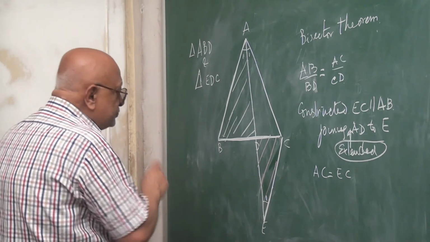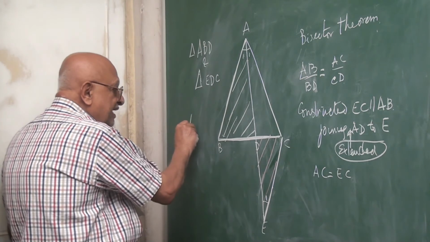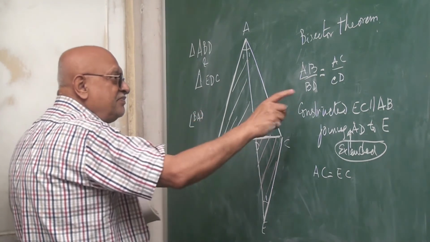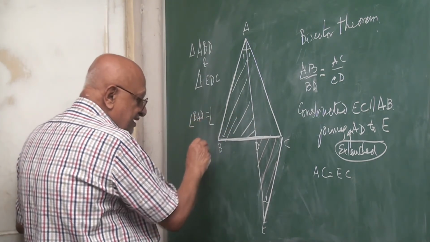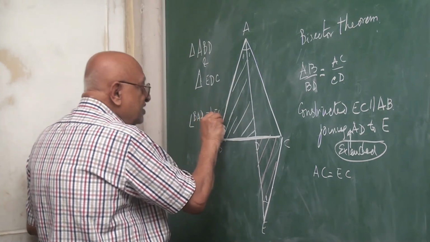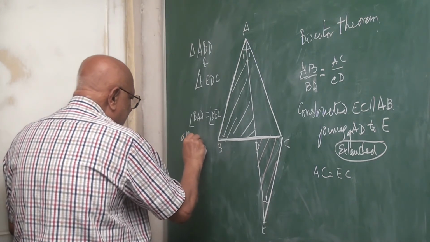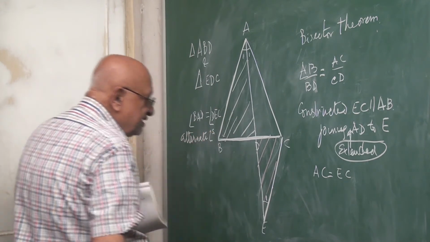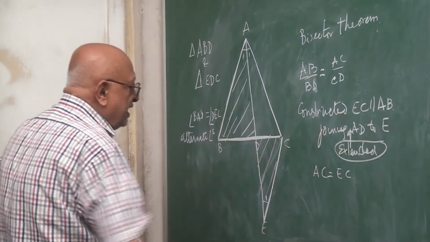So in these two triangles, I can show angle BAD, which I have done before. Angle BAD is equal to angle DEC. Why? They are alternate angles, right? Because EC is parallel to AB.